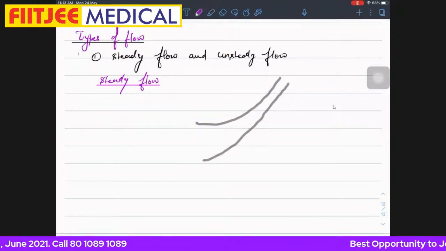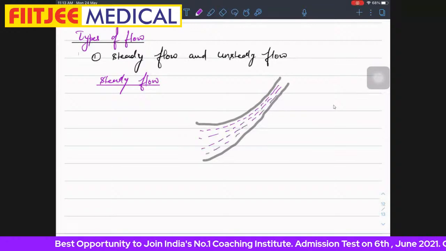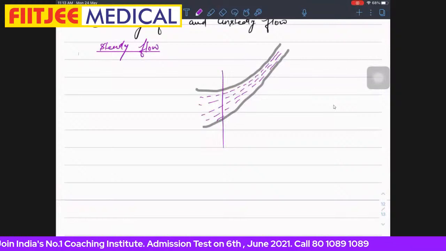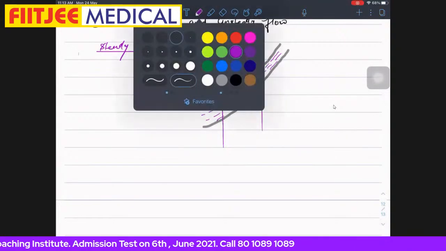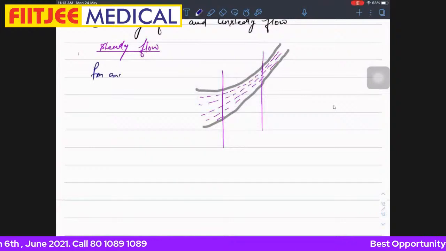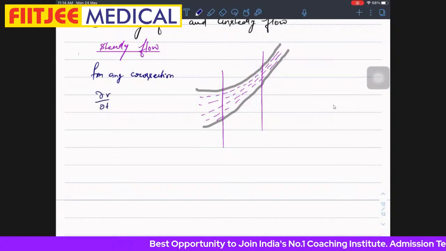If the flow is steady, then for any cross section you take, del v by del t will be 0.